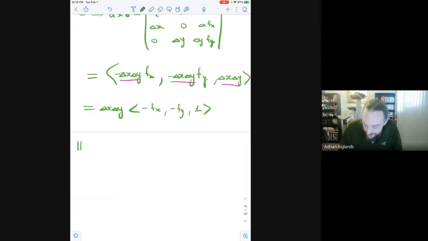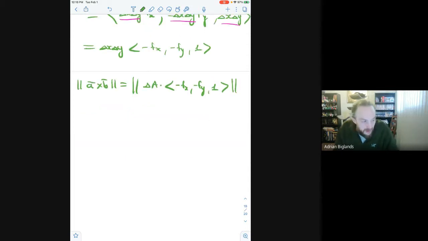And that tells us the norm of this is equal to the norm of delta A times negative fx, negative fy, 1. Fx and fy are the partial derivatives of the function of two variables f of x,y. I can take delta A out of the norm, and it's positive, so the absolute value can go away. How do I take the norm of a vector?